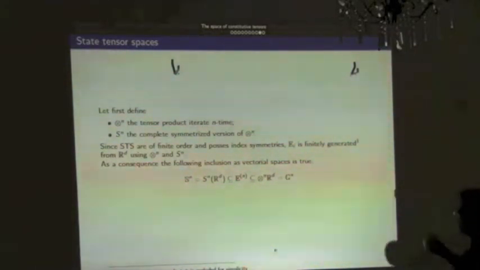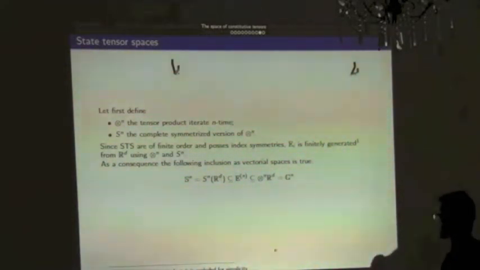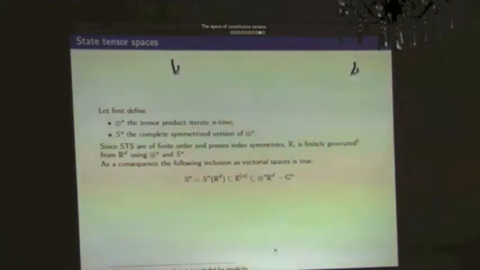My state tensor will be the strain or the strain gradient, as it is defined according to index symmetry.